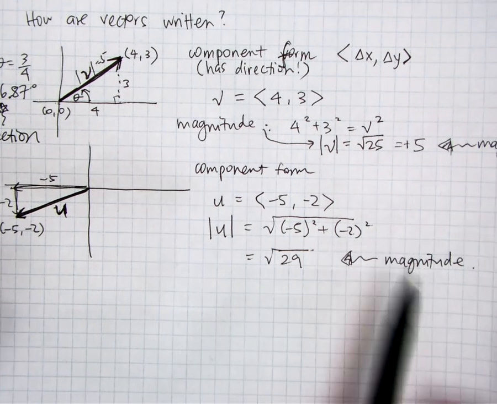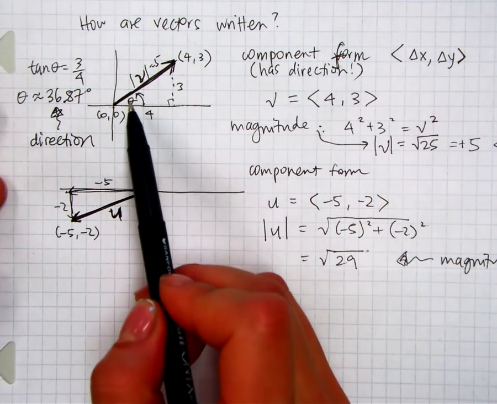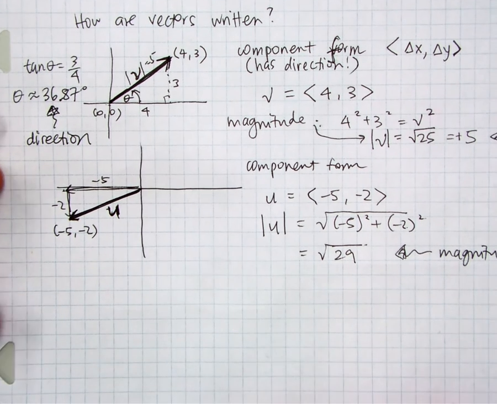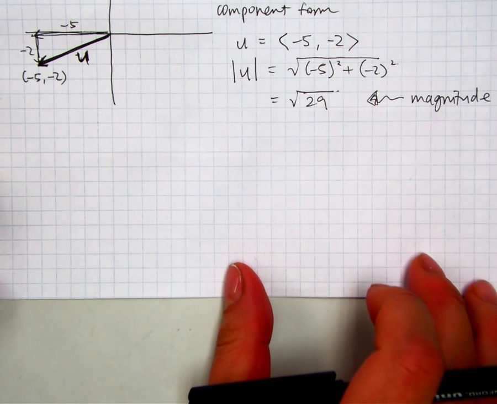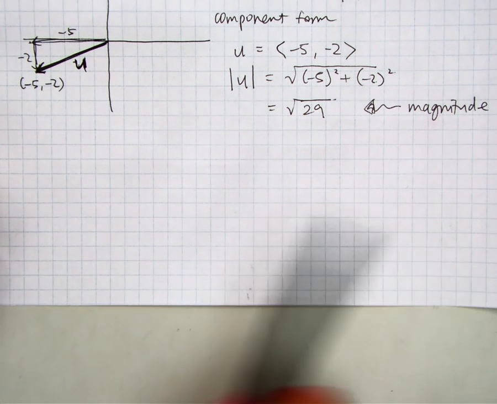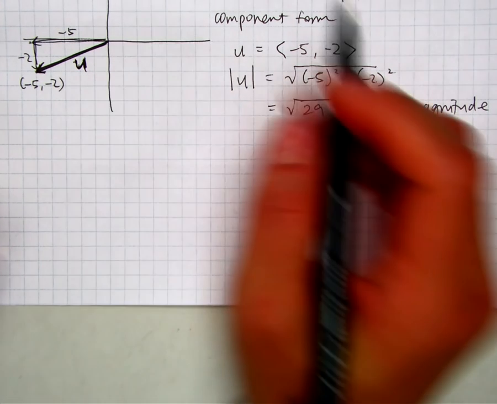Okay? So I found my magnitude is the length of the vector, and the direction is this angle. Now, right here we found the magnitude of this vector u. Let's find the theta, the angle, the direction.